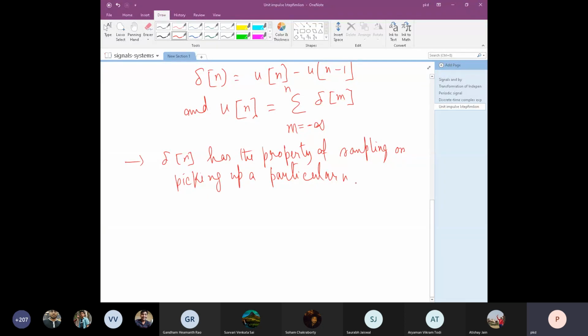So if I have a signal x(n) multiplied by delta n, because delta n is 0 other than n equal to 0, this will be x(0) multiplied by delta n, whatever the value of x(0), which is nothing but equal to x(0).